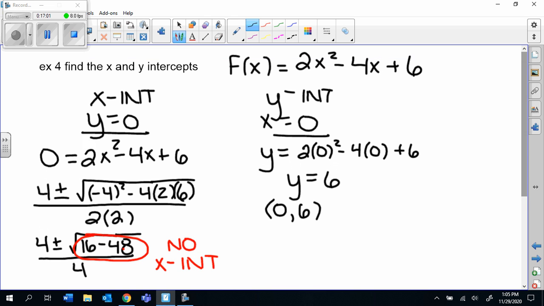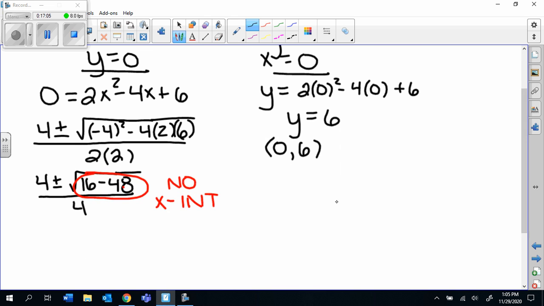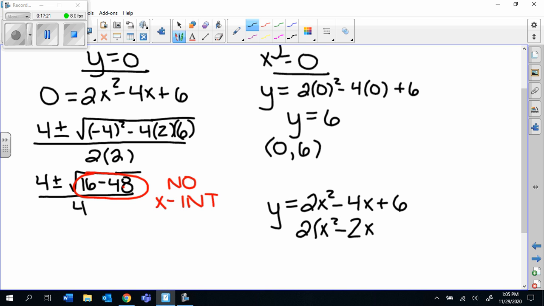We know this parabola opens up. We know that it's going to be a little bit more narrow. So y equals 2x squared minus 4x plus 6. Let's just calculate that vertex really quickly. And I'll just throw out the graph for you to see.